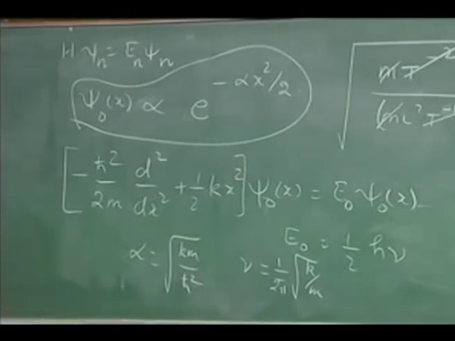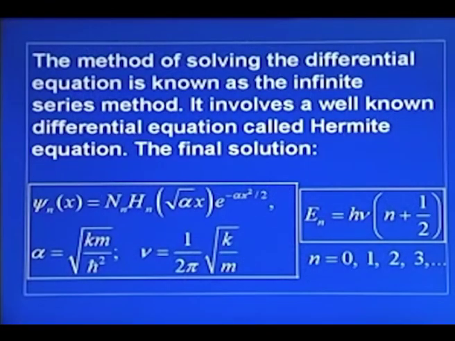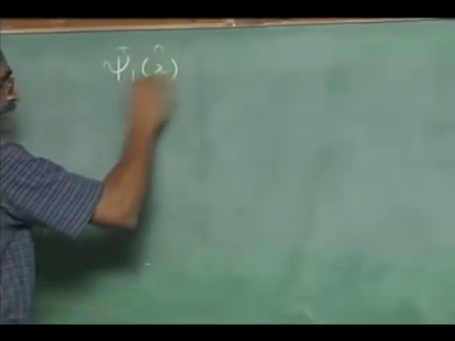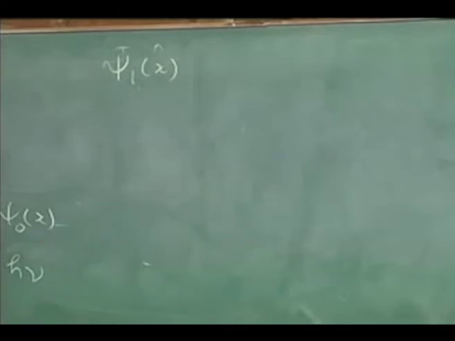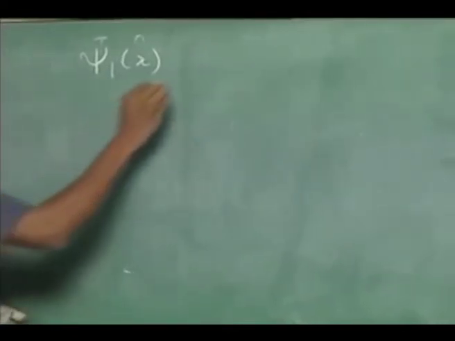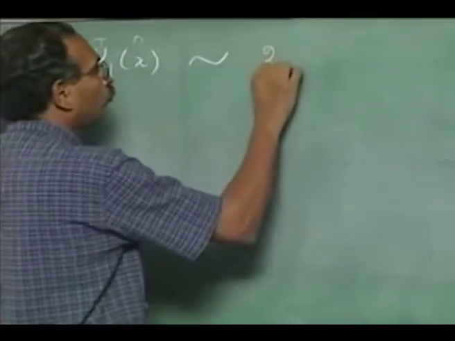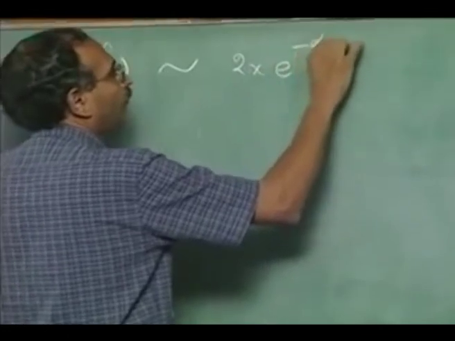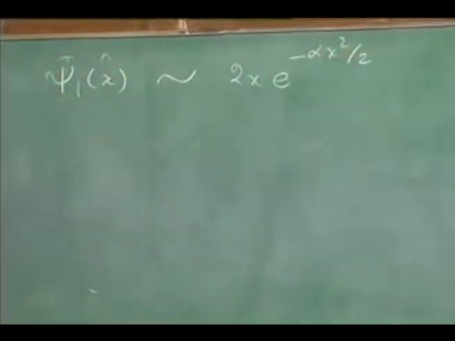This is only one solution. What are the other series of solutions for the harmonic oscillator? The next one is psi 1 of x. Let me do 1 and 2 solutions and then we can generalize it to what the solution should be. Psi 1 turns out to be proportional to 2x e to the minus alpha x square by 2.